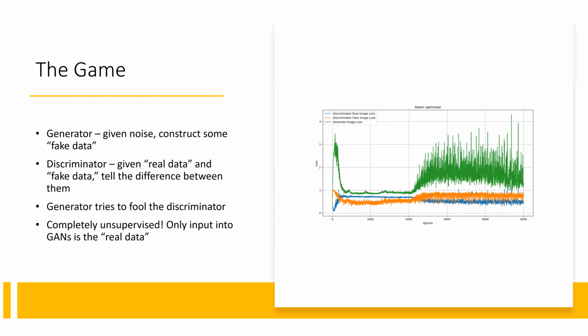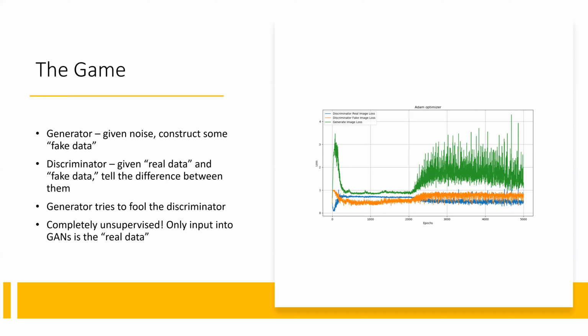What happens in this is that we have two players in the game. We have the generator, whose task is to learn a function from noise to the data space. So given noise, you must construct some fake data. Then we give the discriminator the real data and the fake data, and we ask the discriminator to look at these two samples and say which one it thinks is real data and which one is fake data.